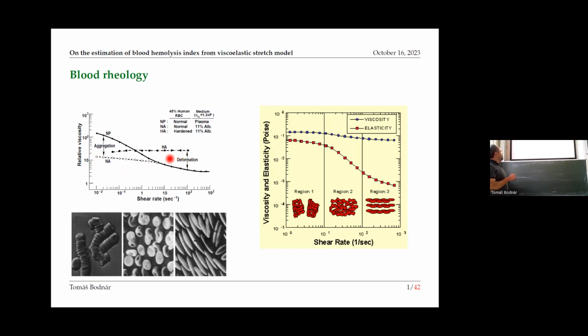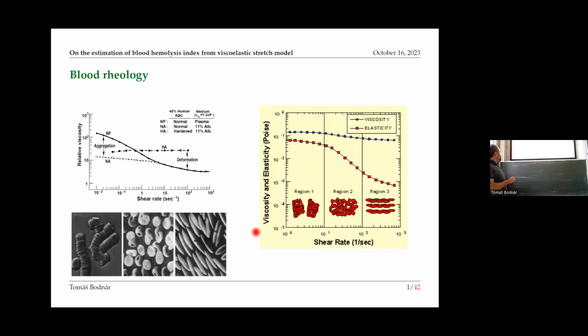And again, if you add some hardening agent that will make the membrane of these cells less elastic, you will get an almost flat curve. So it really explains how this property of blood, this shear thinning, can be attributed to the combination of aggregation and deformation of red blood cells.